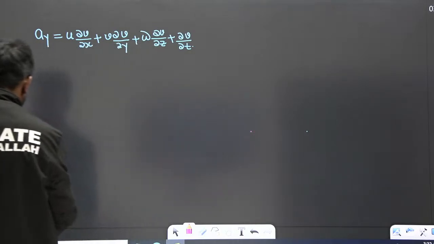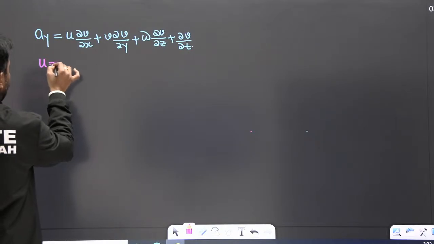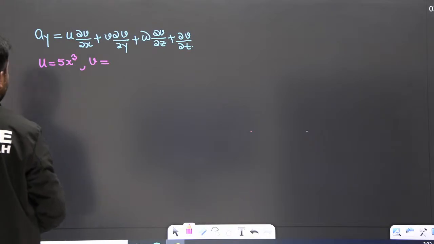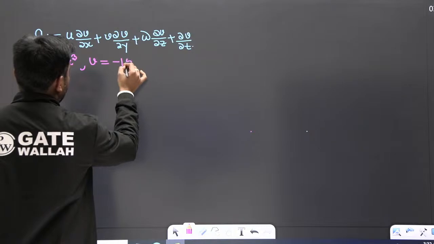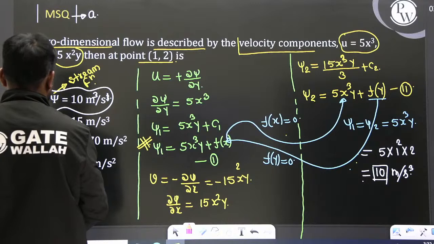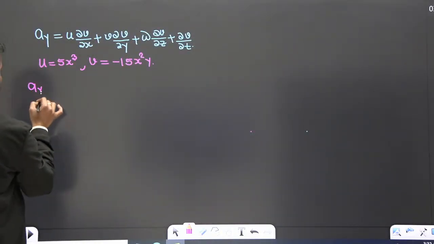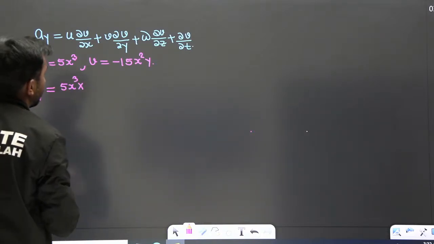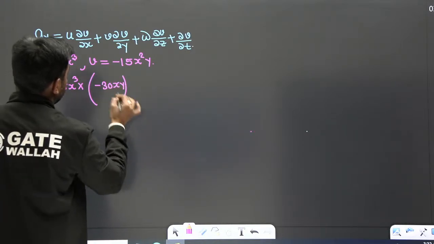You know the values of u and v: u is 5x cube, and v is minus 15 x square y. So let me put this: u is 5x cube, and what about del v by del x? That is minus 30 x y.